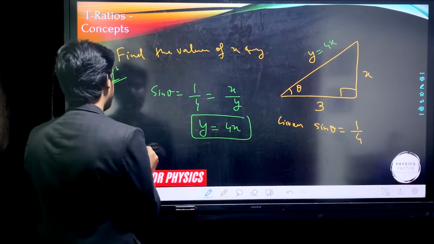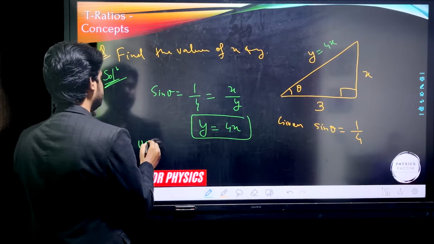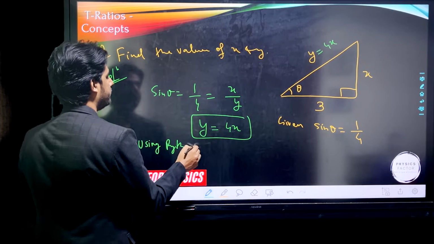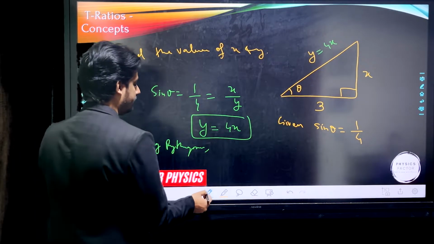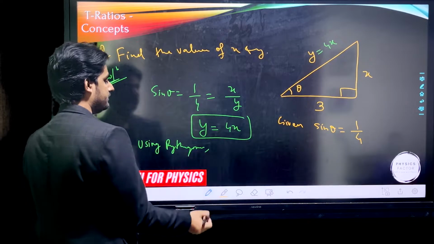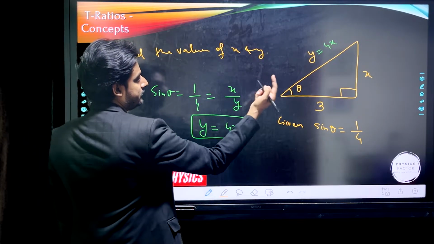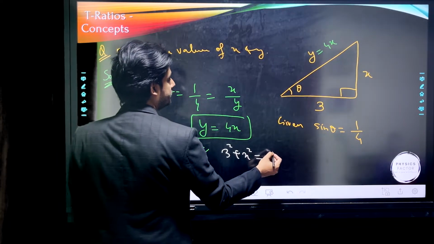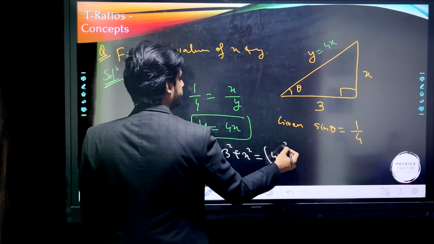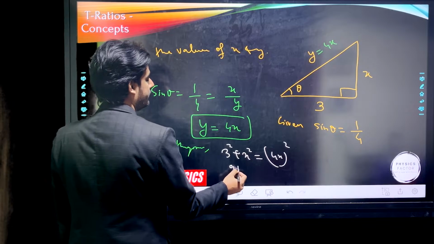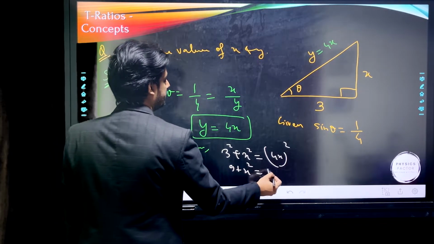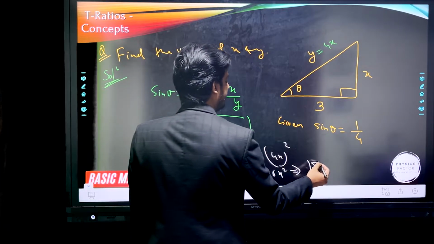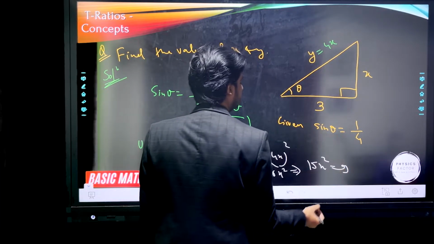So using Pythagoras, 3 square plus x square must be equal to 4x whole square, right? So 9 plus x square must be equal to 16x square. This implies 15x square equals 9.